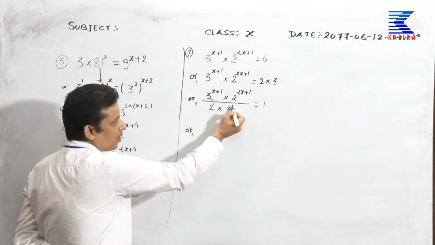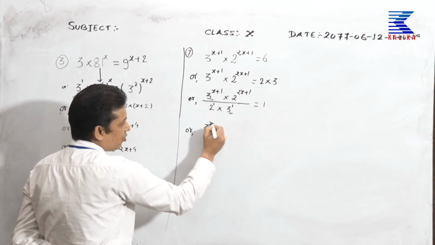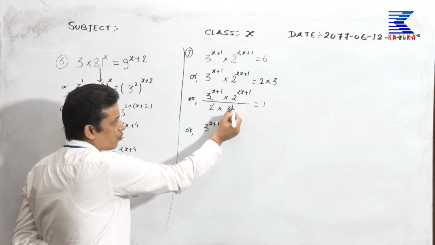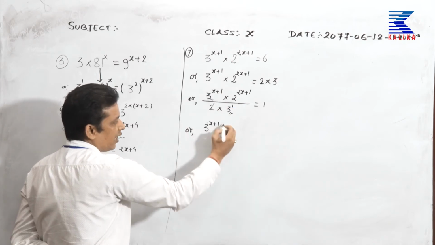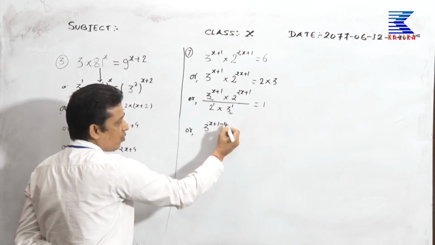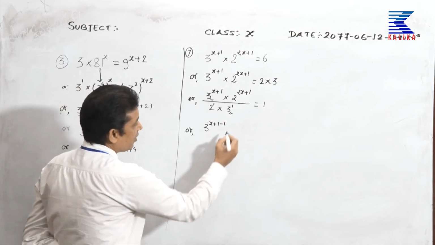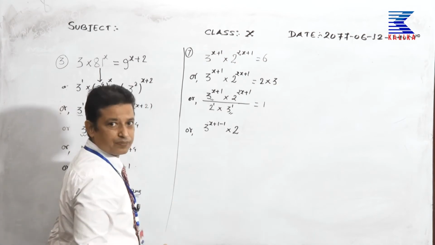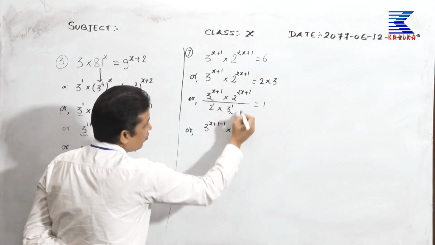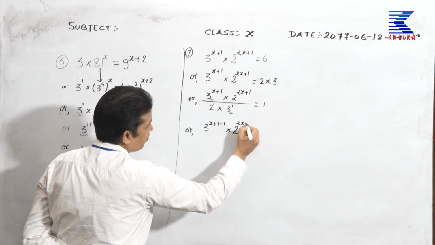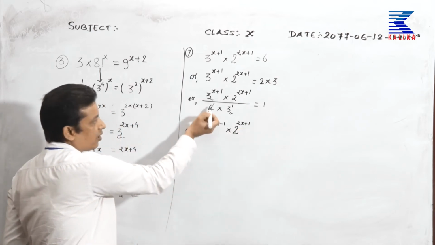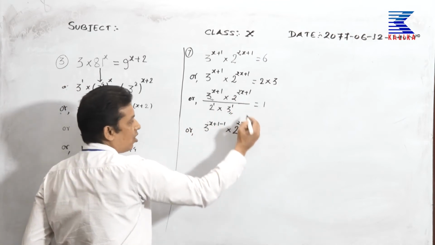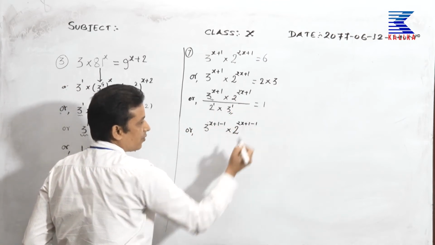Here it is plus 1, 3 to the power x plus 1 is there in the numerator, this plus 1 goes to the numerator and it becomes minus 1, times 2 is there, then this one is 2x plus 1, this 2 to the power 1 is here, this one also goes up and it becomes minus 1.